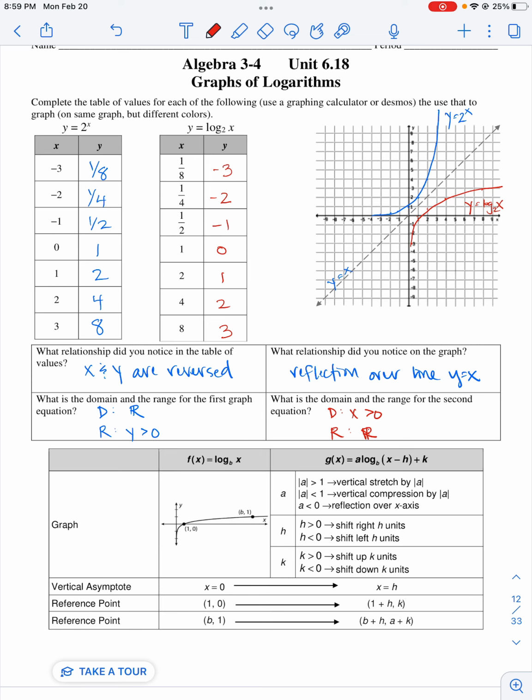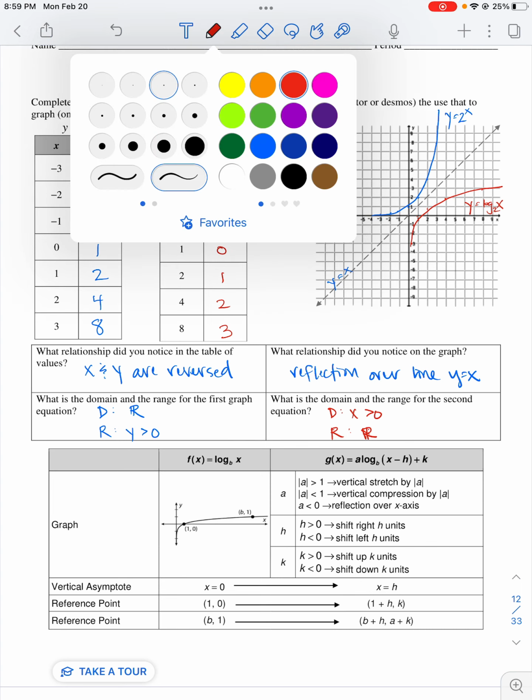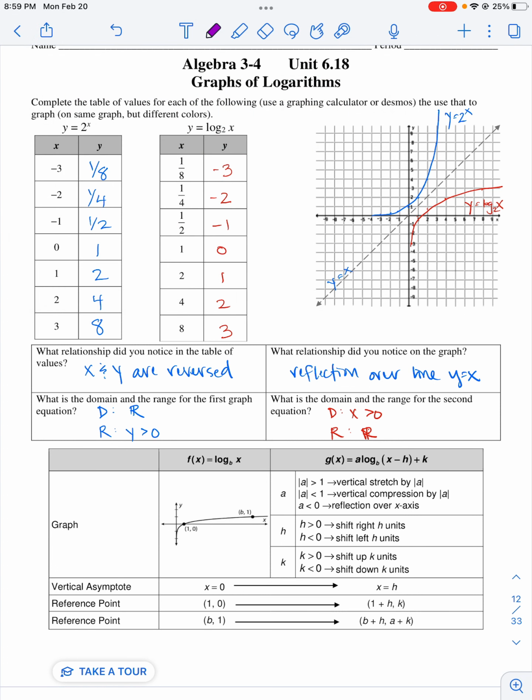So when a, the value in front, is a positive number greater than 1, we're looking at a vertical stretch by a factor of whatever a is: 3, 4, 2. When a is less than 1, so when a is a fraction, we're looking at a vertical compression, or in other words, a horizontal stretch by a factor of a. And then, of course, when a is negative, we're looking at a reflection over the x-axis.